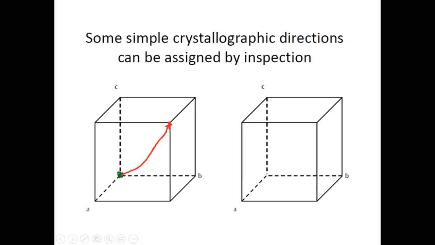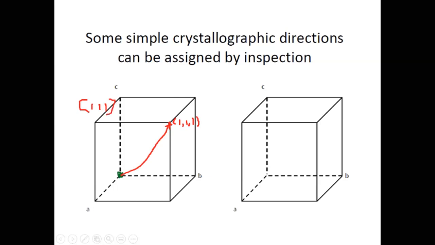I know it's not a straight line, but it's freehand. So this is the coordinate, for example, 1, 1, 1. And since we started at the origin, the direction of the vector is 1, 1, 1.